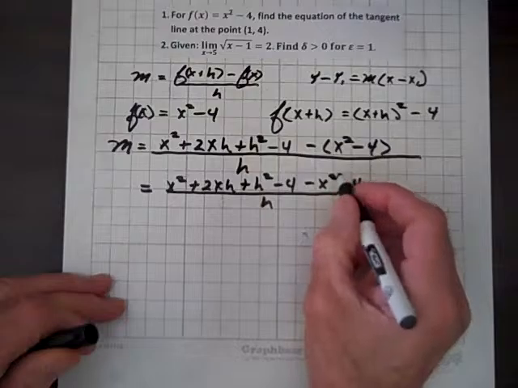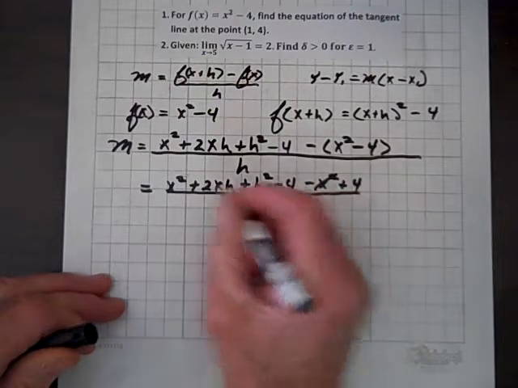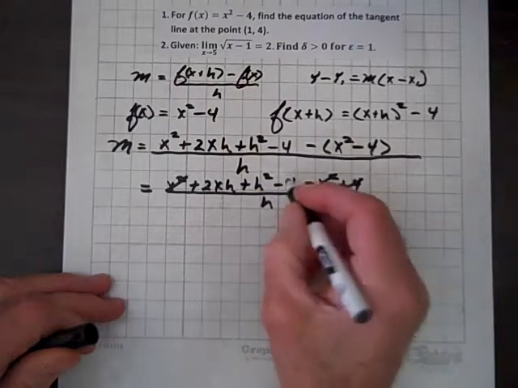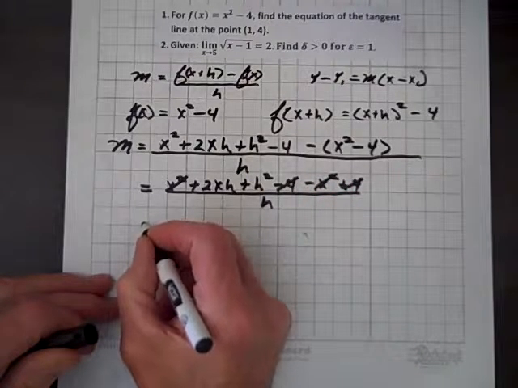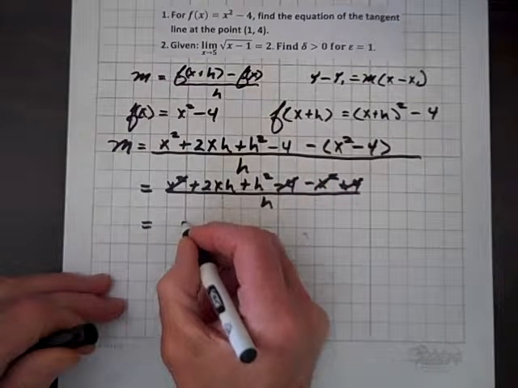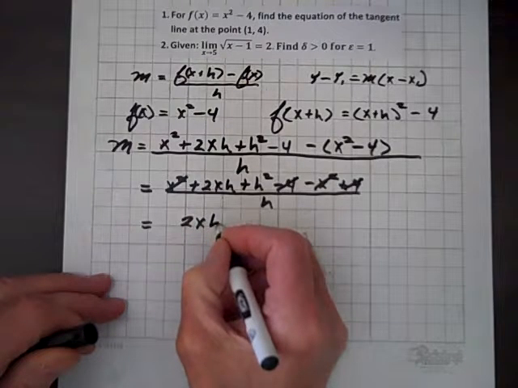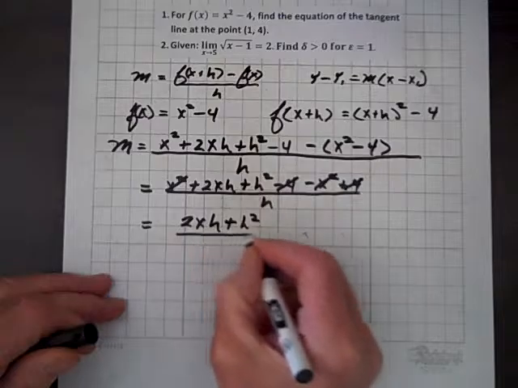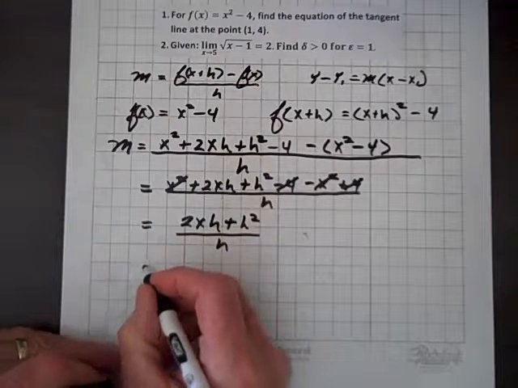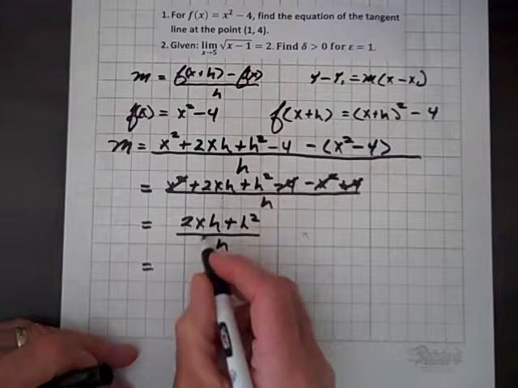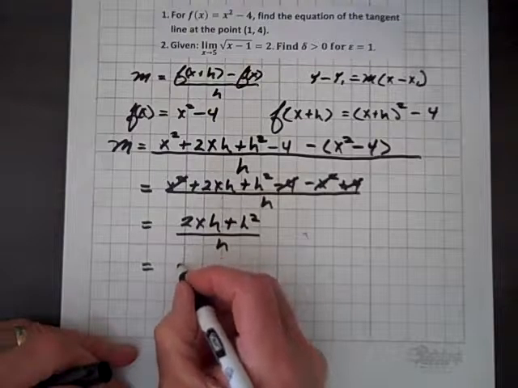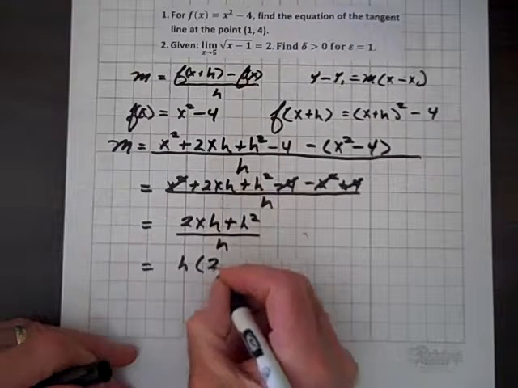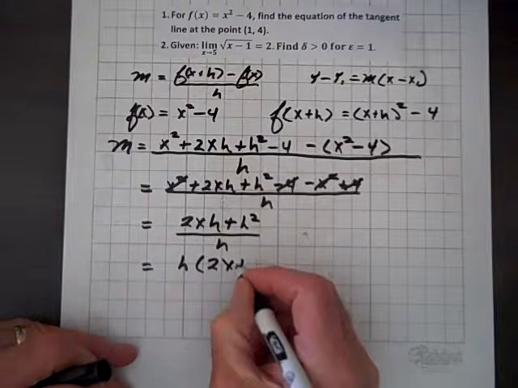And notice, the x squareds are opposites, so they add out. The 4s are opposites, so they add out. Now we're left with 2xh plus h squared all over h. At this point, we will factor out an h, and we're left with, in the parentheses, 2x plus h.